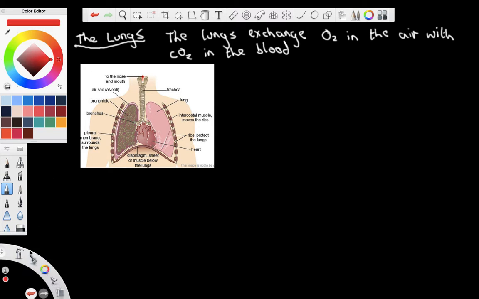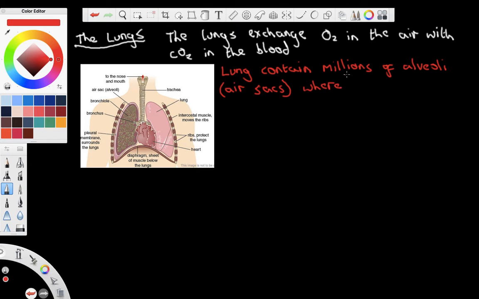So it's important first that the lungs contain millions of alveoli (air sacs) where gas exchange happens.